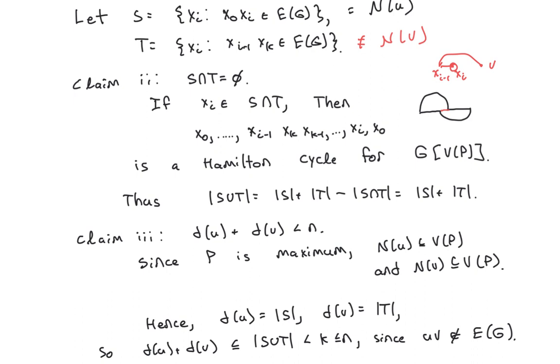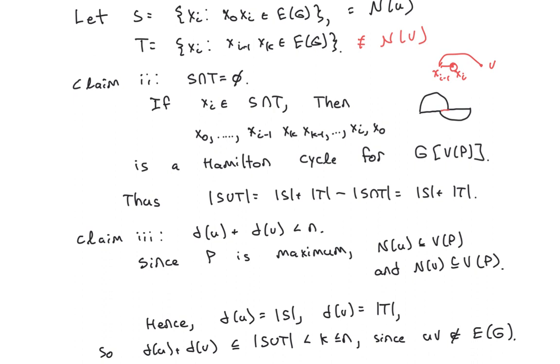Suppose that there was a vertex in the intersection, then that means this xi is adjacent to U, and xi minus 1 is adjacent to V. And so then it turns out you can create a cycle by deleting the edge from xi minus 1 to xi.